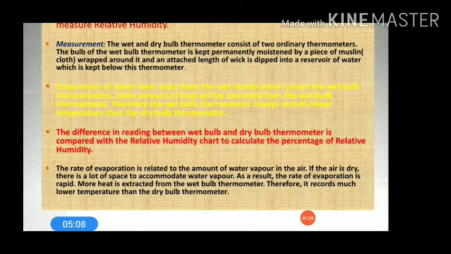Now more heat is extracted from the wet bulb thermometer. So if the air is more dry, then more heat will be extracted from the wet bulb thermometer due to evaporation. Therefore, it records a much lower temperature than the dry bulb thermometer. This is what we have already discussed in the first two points.